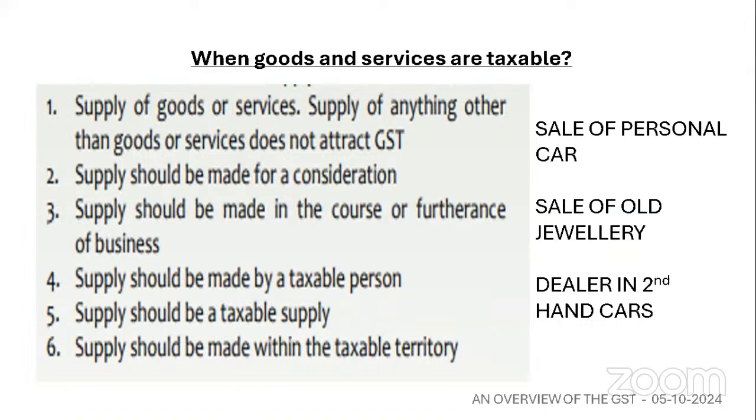However, where a taxable person sells goods or services to another person who is in another state, it is an interstate supply. Under the GST law, both intrastate supply as well as interstate supply are liable for levy of tax. However, in the case of export of goods, it is deemed to be an interstate supply.